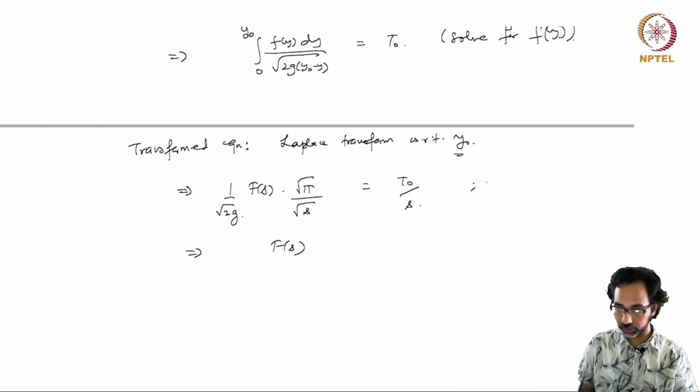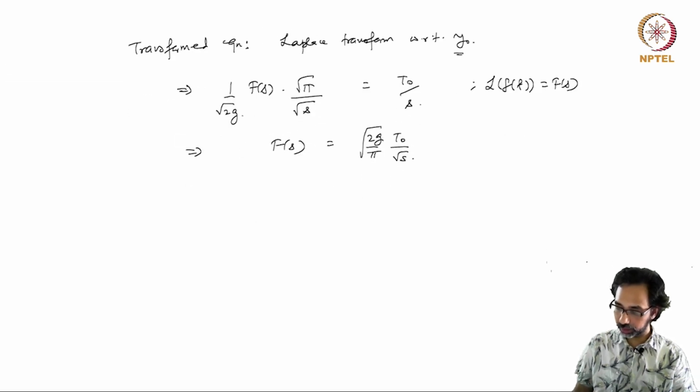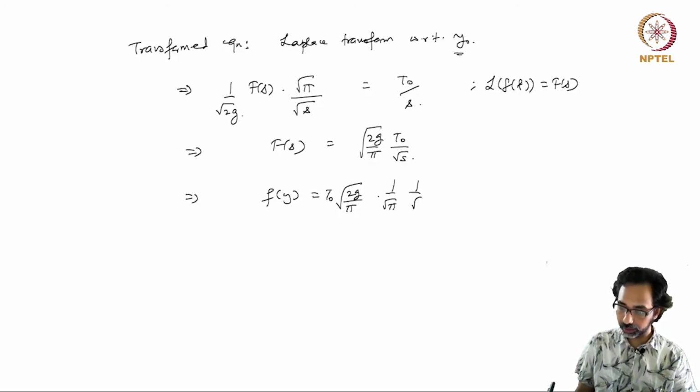Here of course F of s is the Laplace transform of f, and so we will get F of s equals square root of 2g over pi, T0, over square root of s, and again we can invert this to find f of y to be square root of 2g over pi T0 times 1 over root pi times 1 over root y.